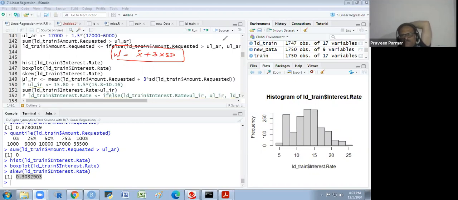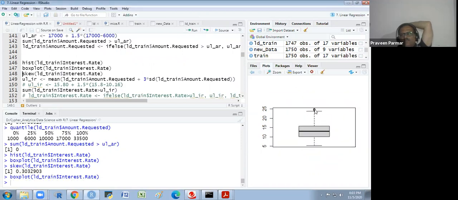Got it? So we have to check by the formula. As I showed you, if I make a box plot, you are getting some outliers, but it is normal data, so these outliers may not actually be there.